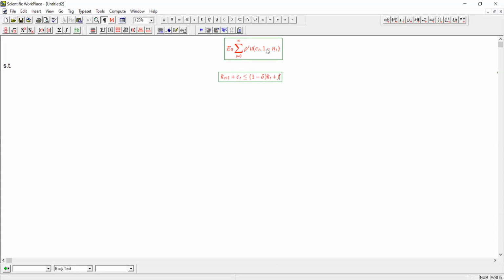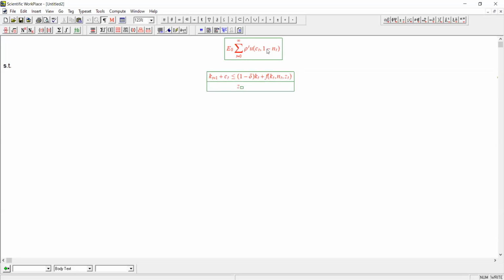And output is coming from a production function f, which depends on capital, on labor, and on a productivity term z. So this collapses together the resource constraints and the capital accumulation function.